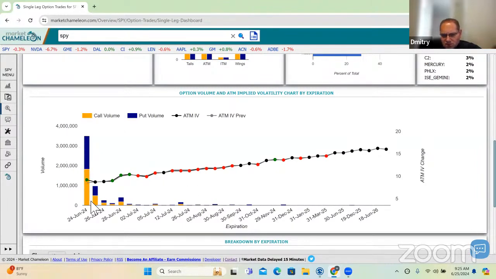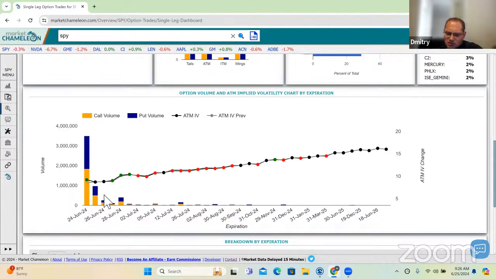Visually, you could see that a huge concentration of the trading volume is in the 0 DTE. This is yesterday's data; we're not open yet. Most of the volume visually looks like it was in the 0 DTEs by far. Then the next day, June 25th, looks like the second biggest volume expiration, and then it tapers off.